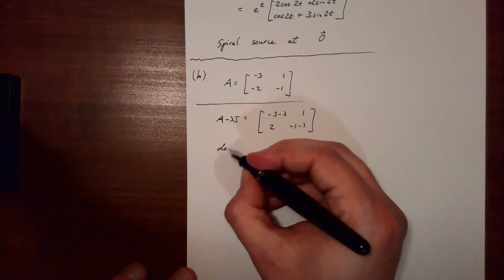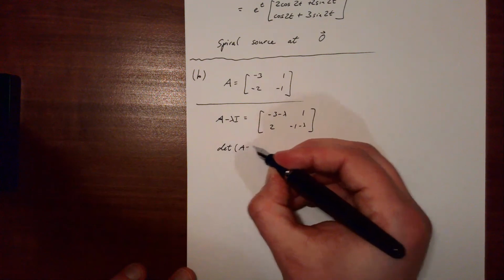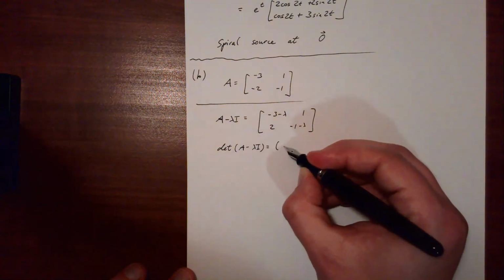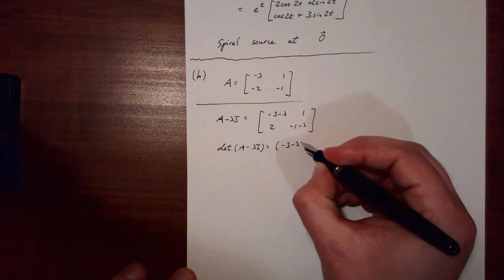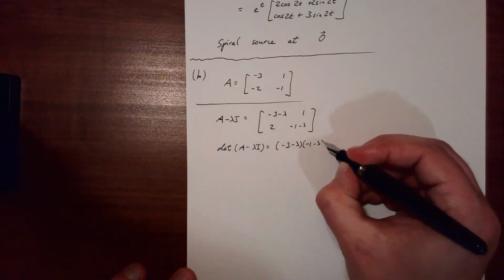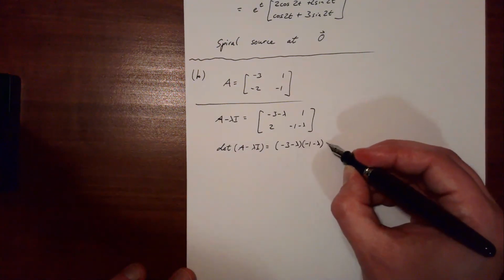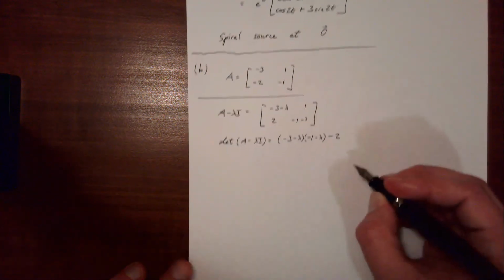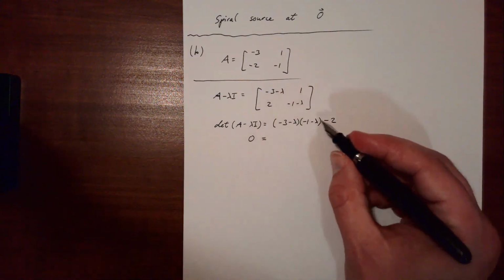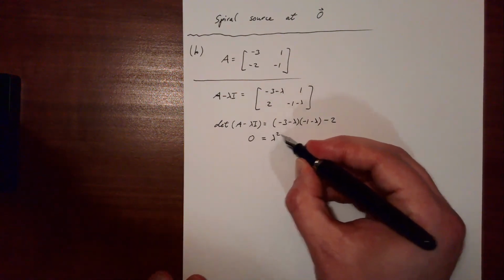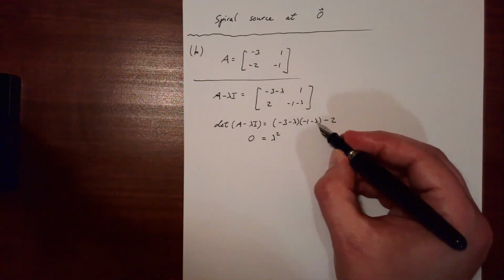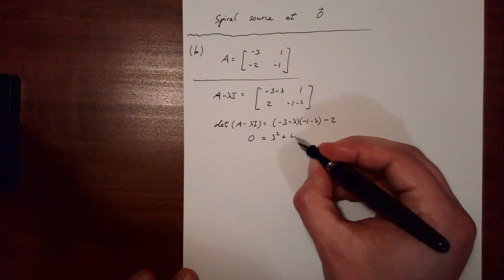And then that means the determinant of the same is going to be -3 minus lambda times -1 minus lambda, and then minus 1 times 2, so 2. And now we'll set it equal to 0. We're going to have a lambda squared. What are we going to have for the constant? Looks like +1 plus 3 is going to be +4 lambda.